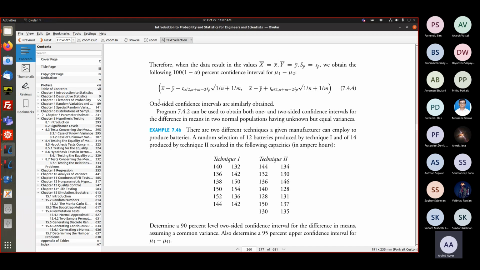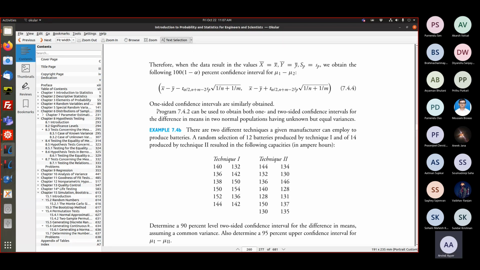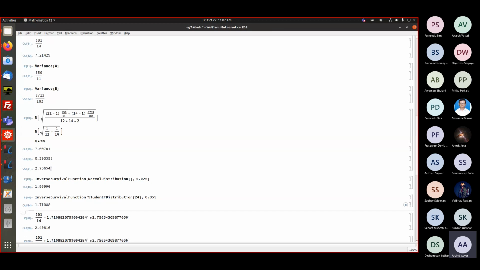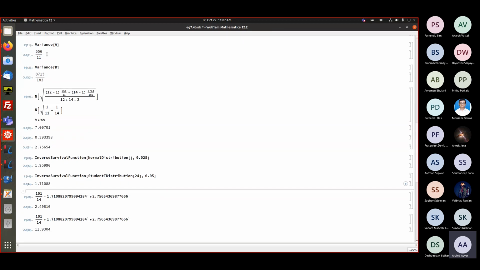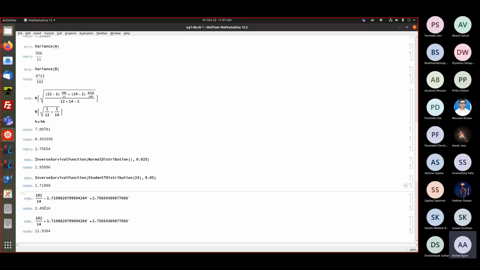So my values will be the mean minus this value, which is 1.71, times this product, which is 2.75. I take the mean, remember, which was 101 by 14. I multiply this inverse survival function by this, and I get 2.498, and I add it, and I get 11.9.